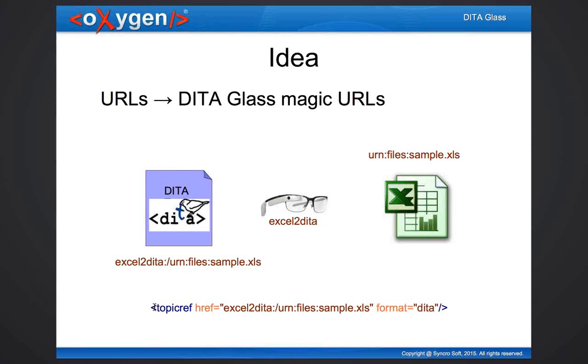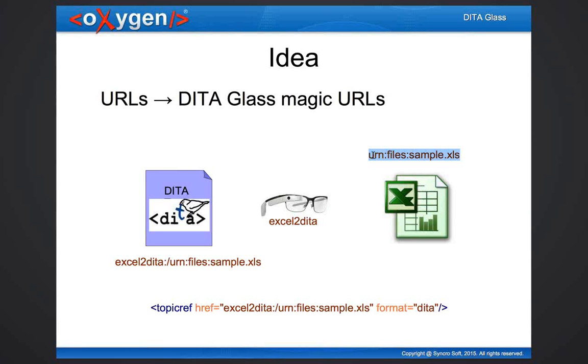So basically, if you have a reference to a topic in DITA, we can have a URL that, let's say, has this form like excel-to-dita colon slash, and then this points to a URL that identifies the Excel file.